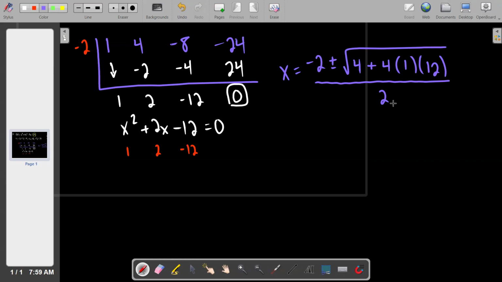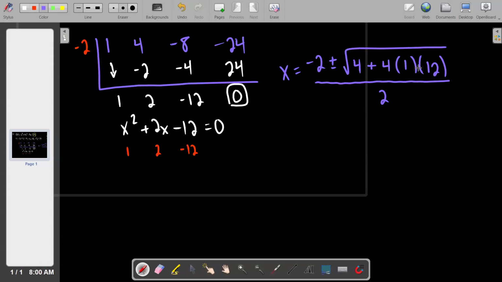Do you think these answers are going to be rational, irrational, or imaginary? Now, if you say rational, then what you're saying is that the square root's going to go away. So it'll be irrational, right?